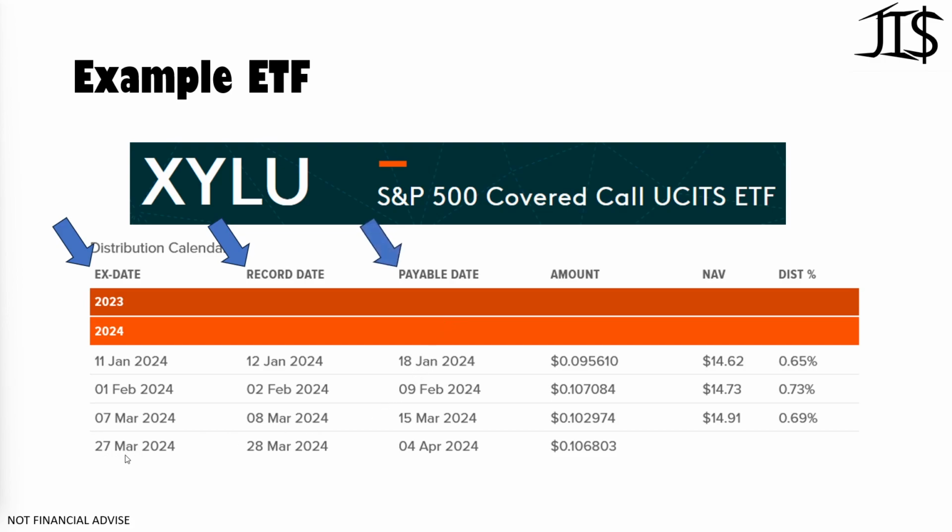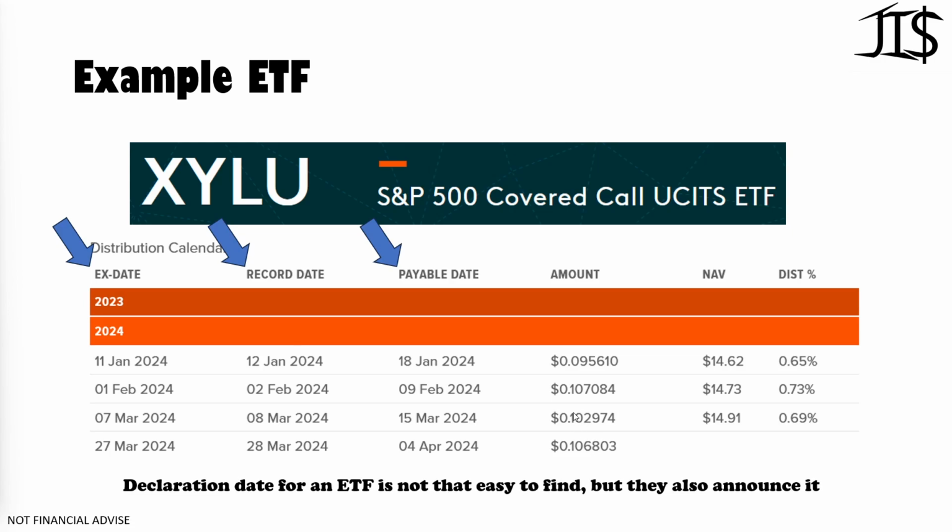So on the 27th of March there is an announcement, there is an ex date as well, so in 2 days there is another dividend that's being detached from XYLF. So on the 7th, and only 20 days later, there is a next dividend, and it's 0.10 cents again, so really nice.